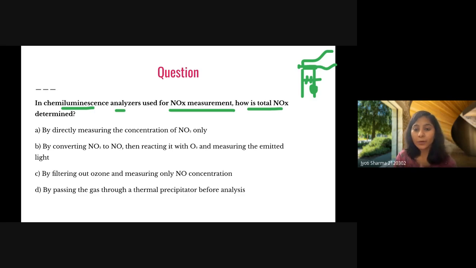Okay, so right now we are talking about the analyzing part. We have collected our gaseous or particulate pollutant. So if we need to know the concentration of NOx, then in a chemiluminescence analyzer, how will we determine the total NOx?